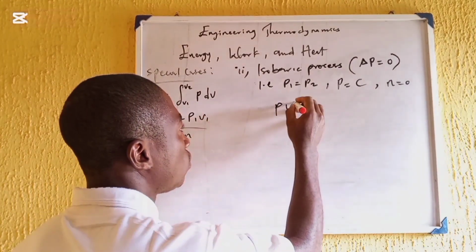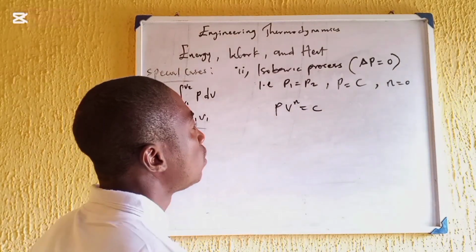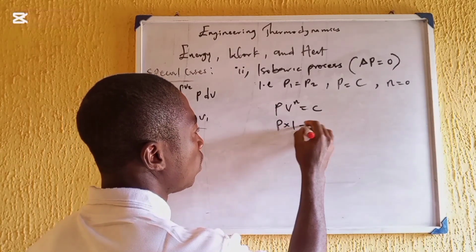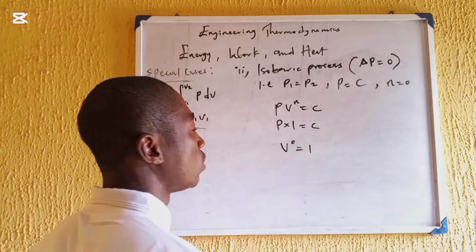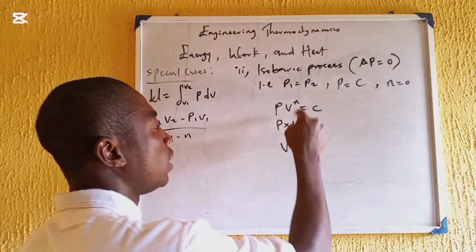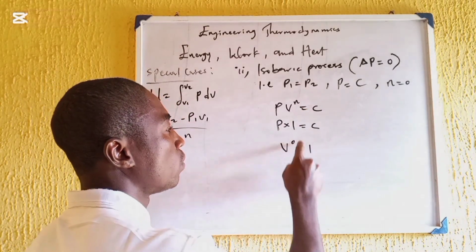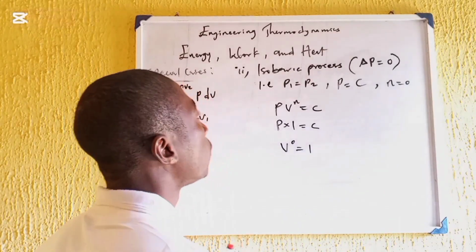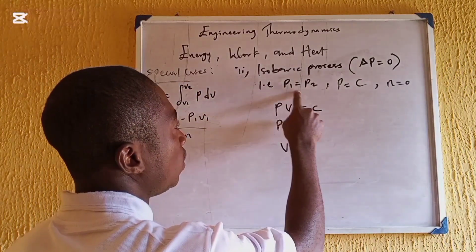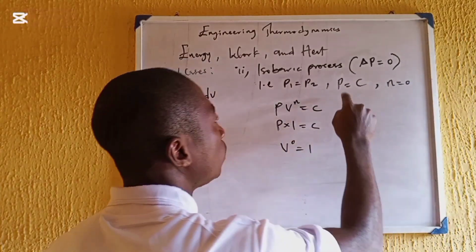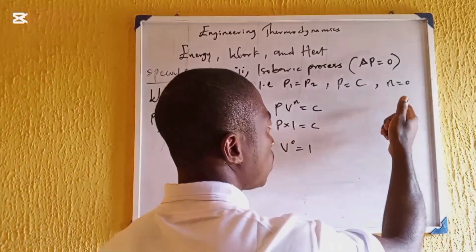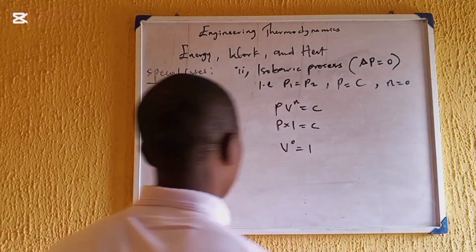Remember that PV to the power n is equal to C. For you to have P times 1 equal to C, that means V to the power 0 is equal to 1. So it's only when n is 0 that we can have V to the power 0 equal to 1. So for isobaric process, P1 is equal to P2, that is change in P is equal to 0. Then P is equal to C, that's P is constant, and n is equal to 0.